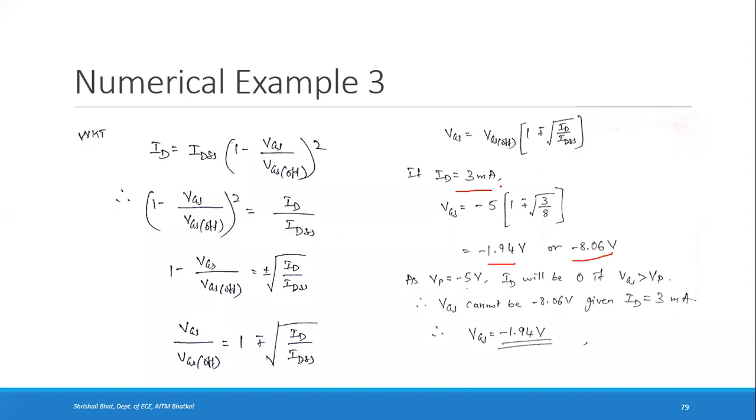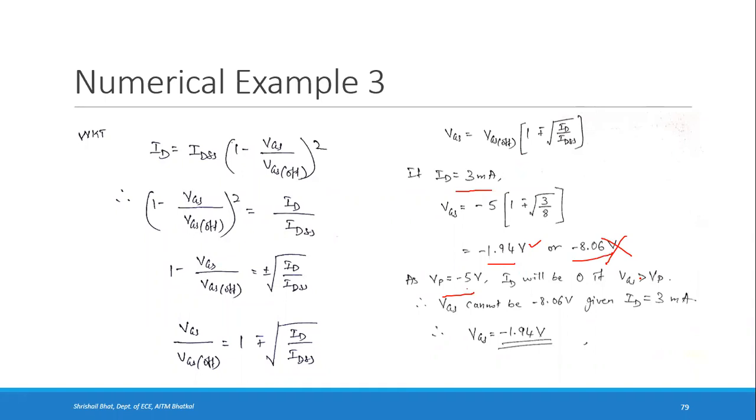For the current to flow as 3 milliamps, VGS should be less negative than VP. So it cannot be -8.06. We have to choose the value of VGS that lies within -5, that is -1.94.